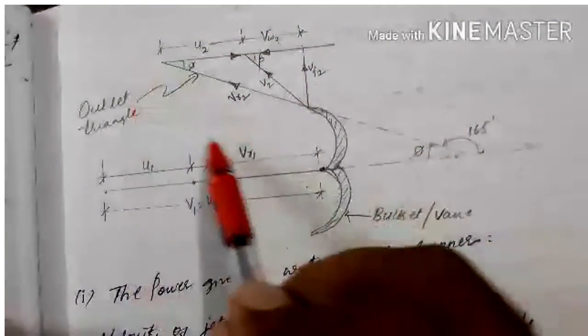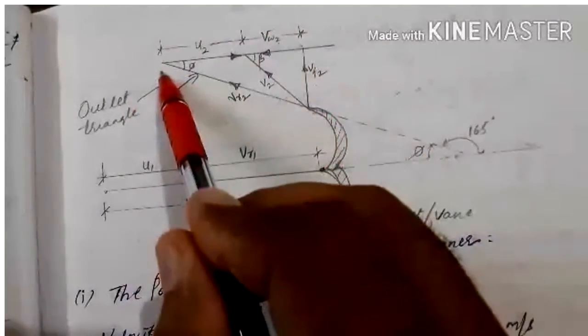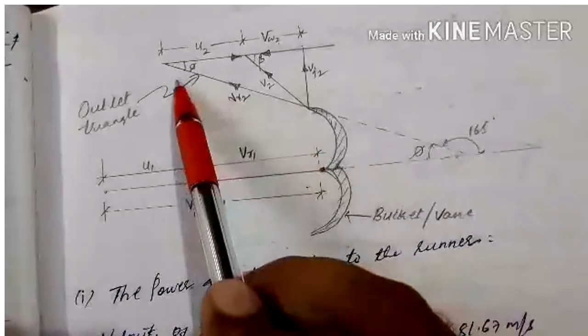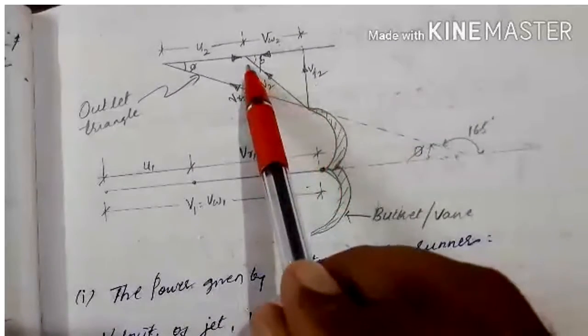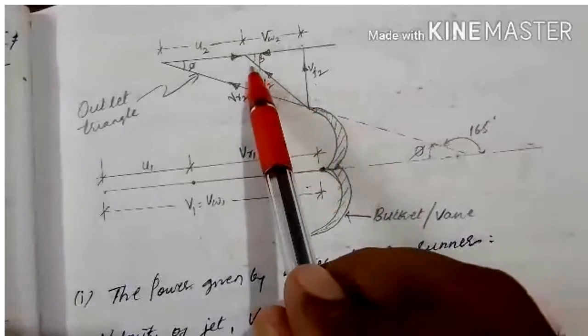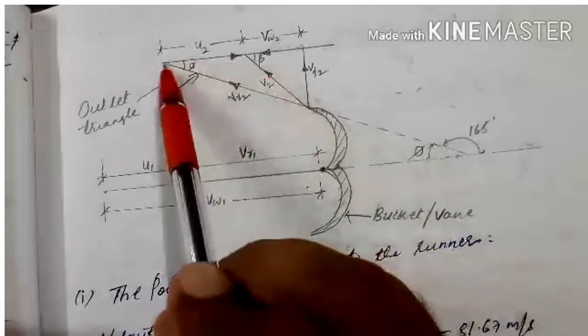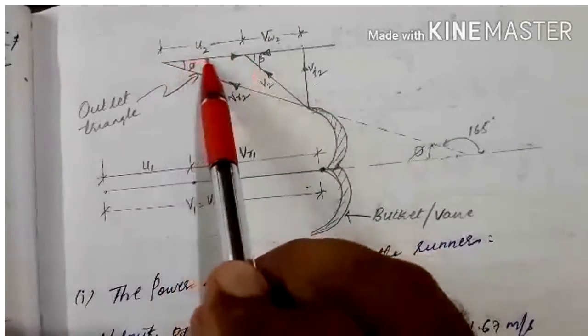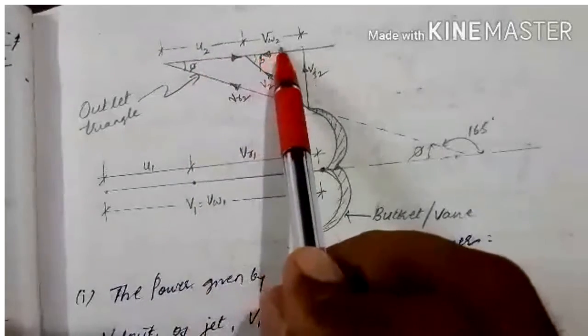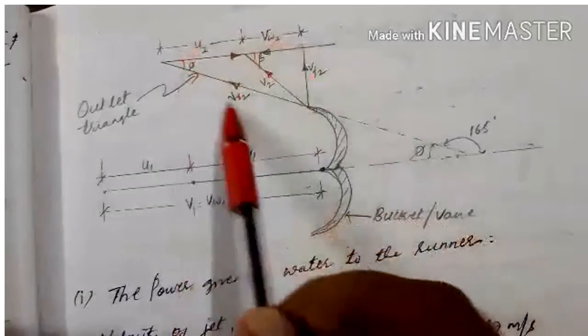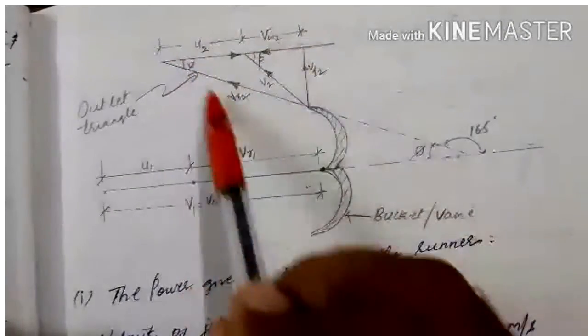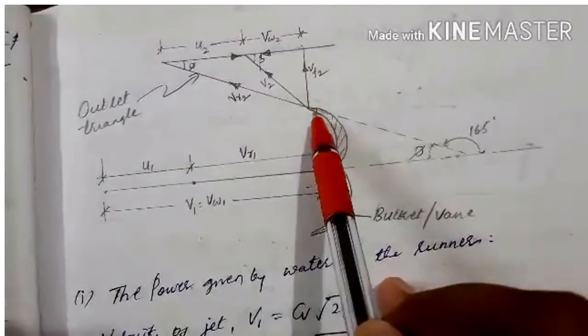Then you have to draw this outlet velocity triangle. This represents the relative velocity. Then draw the absolute jet velocity, and the beta will be acute. Then mark u2, the velocity of the vane at outlet, then vw2, the whirl velocity at outlet, and then vf2. So mark everything at the outlet tip of the bucket.